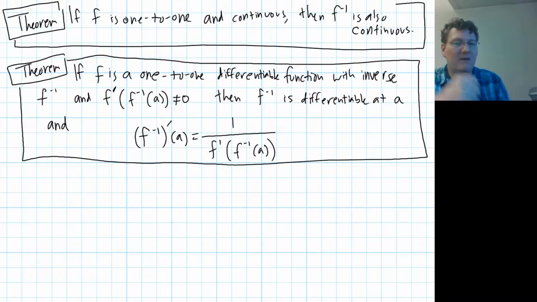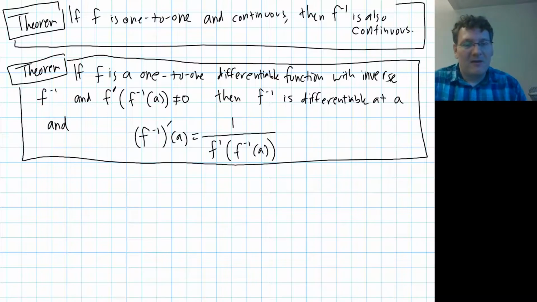So as long as the derivative at the value in the domain of f that gives you a, call it b, where f of b is equal to a, so f inverse of a would be b.